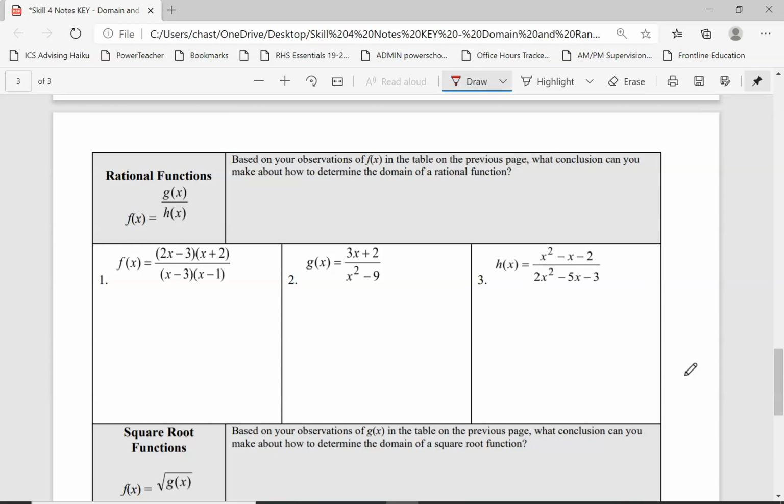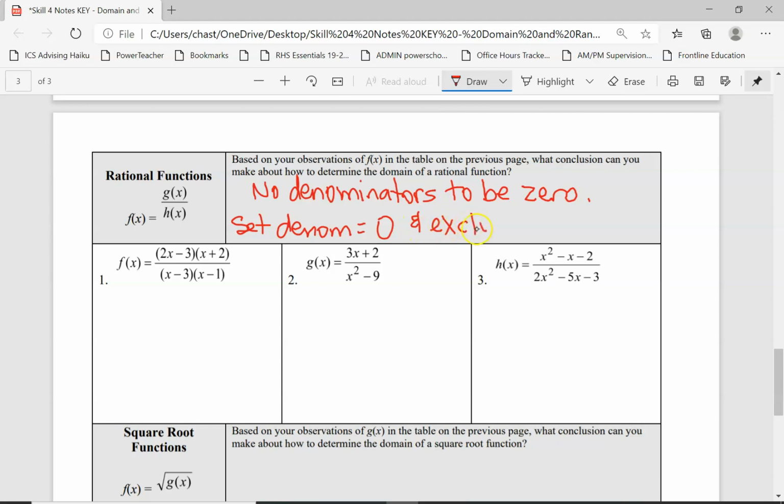So the thing we need to remember about rational functions is you want no denominators to be 0. So what we do is we set the denominator equal to 0 and exclude those values.